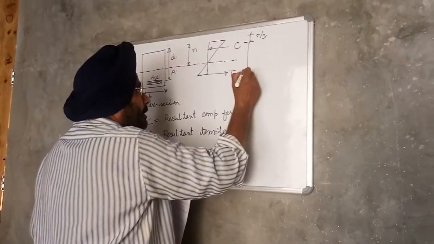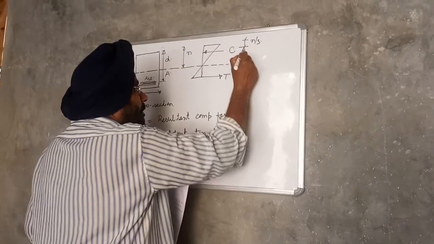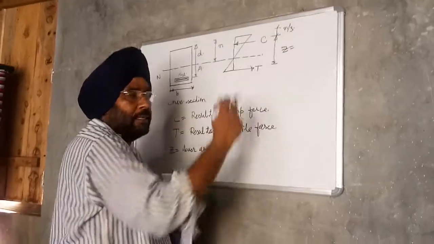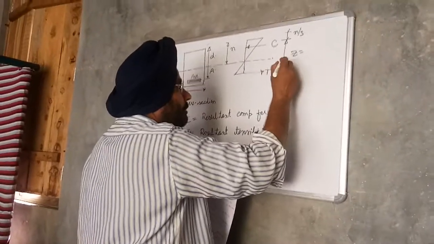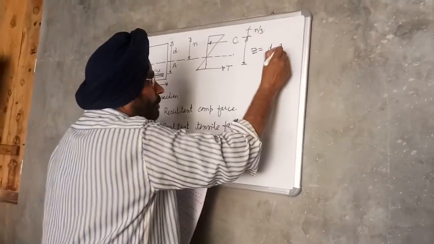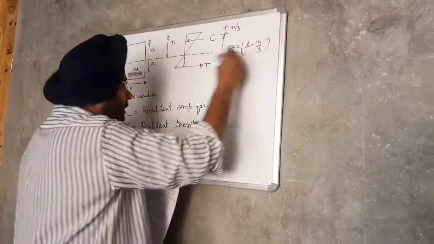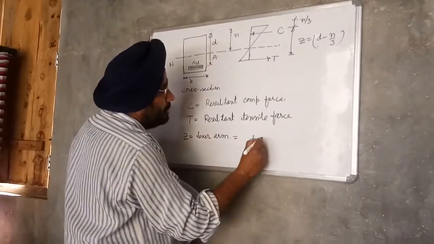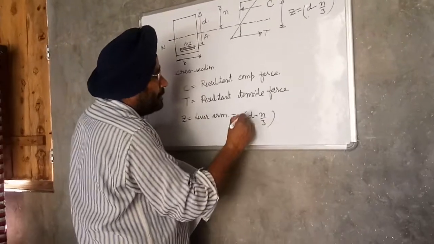So Z is equal to d minus n by 3. So lever arm is equal to d minus n by 3.